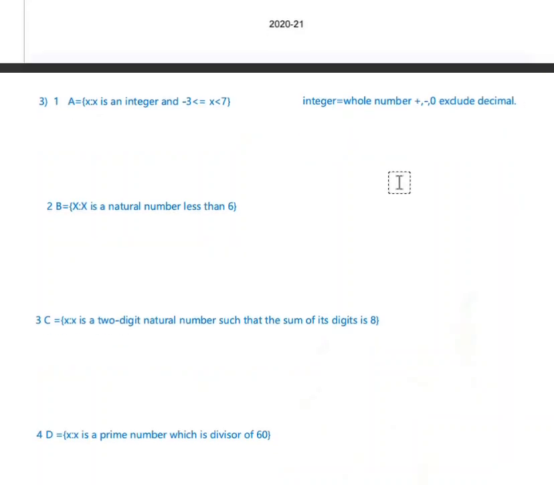So we have to convert it into roster form. The answer is something like this: we have curly brackets, and the elements are written with commas. So -3, these are all whole numbers, so this should be an integer.